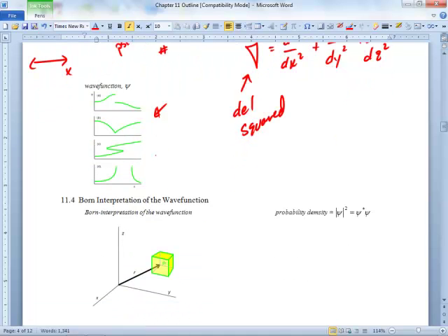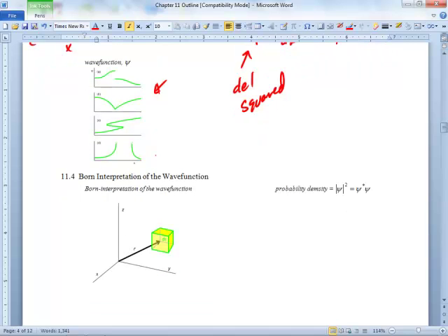Okay. We said that there's no meaning to the wave function. But there is meaning to this. Usually, what do these lines mean? Absolute value. Okay.